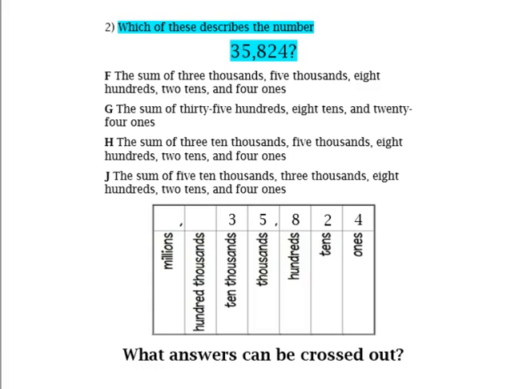H, the sum of 3 10,000s, 5 thousands, 8 hundreds, 2 tens, and 4 ones. J, the sum of 5 10,000s, 3 thousands, 8 hundreds, 2 tens, and 4 ones. So let's just take a moment and look at these answer choices to see if there are any that we can cross out.